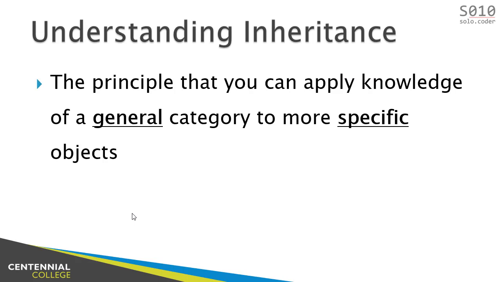So basically inheritance, when it comes to coding, is the ability for a class to apply knowledge, data, information from a more general class to a more specific class. We saw this diagram the first time that we spoke about UML. We saw this little diagram that had a person and it had the student and professor.